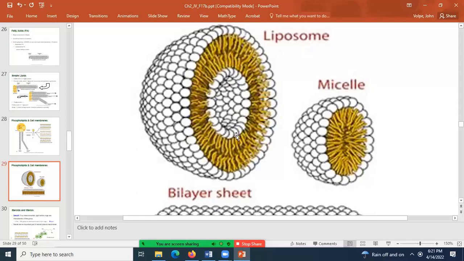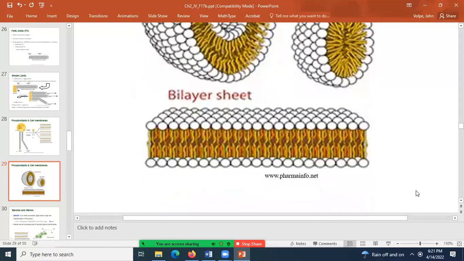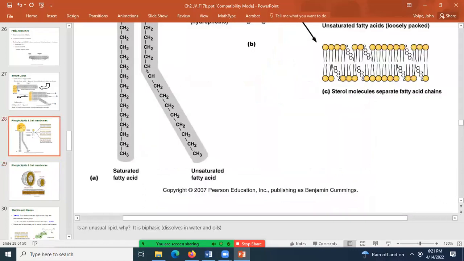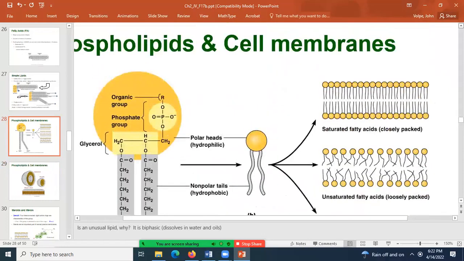And that's why we get phospholipids. If you put a whole bunch of molecules in water, you'd eventually see them taking on this shape. Before that shape, they take on this shape. And before that, I don't have it shown here, but they start forming this.